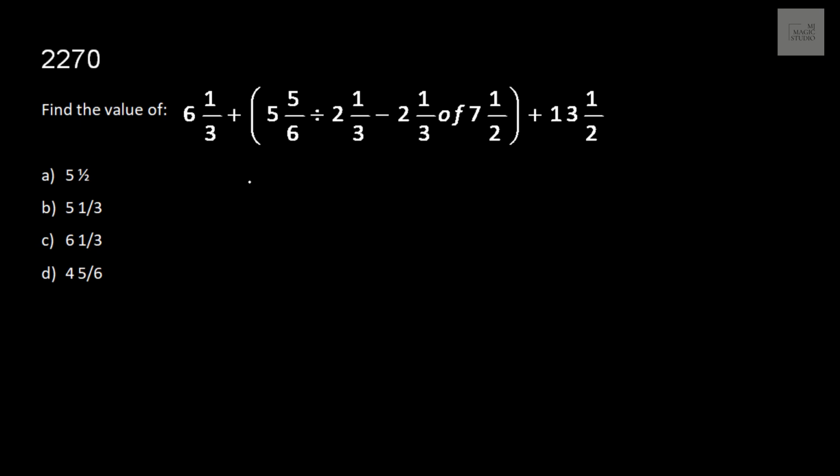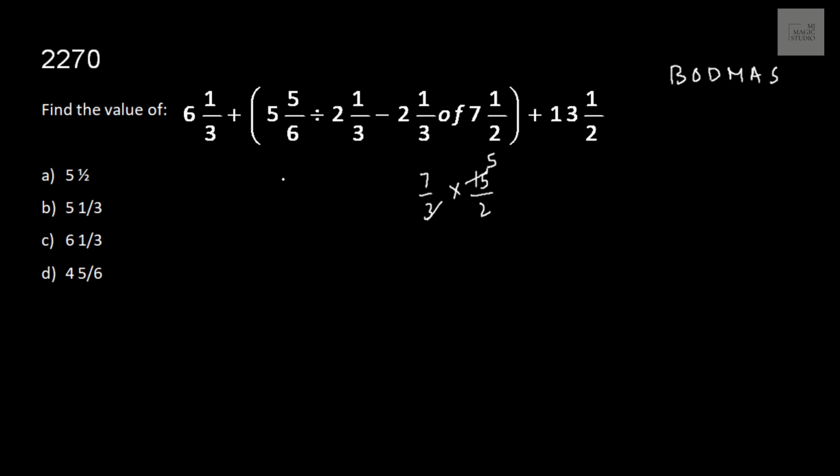Find the value of the expression. We will be using the BODMAS rule. Let's solve the bracket first. What is inside the bracket? 'Of' first. So this is 2 1/3, which is 7 by 3. 'Of' is into, that is 14 plus 1, 15 by 2. That will become 35 by 2.